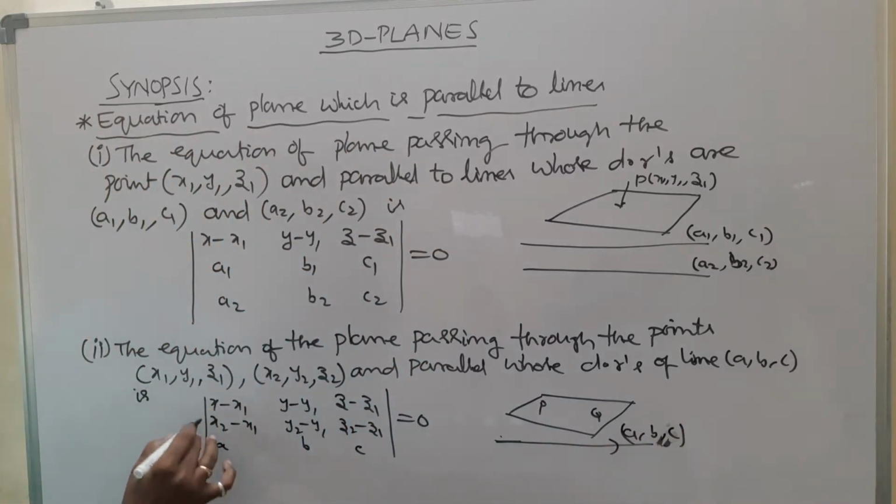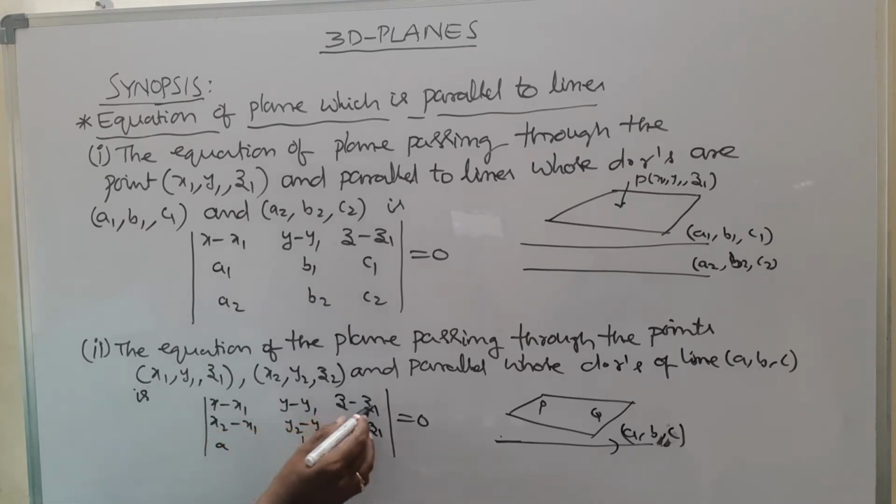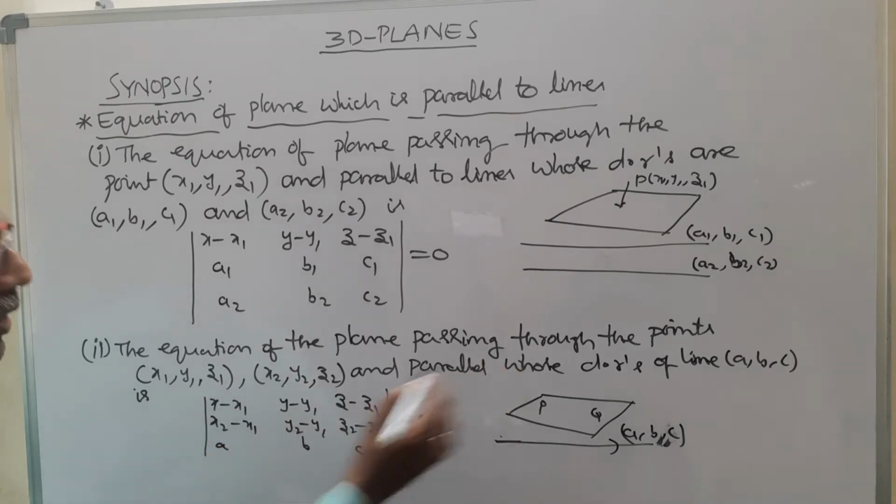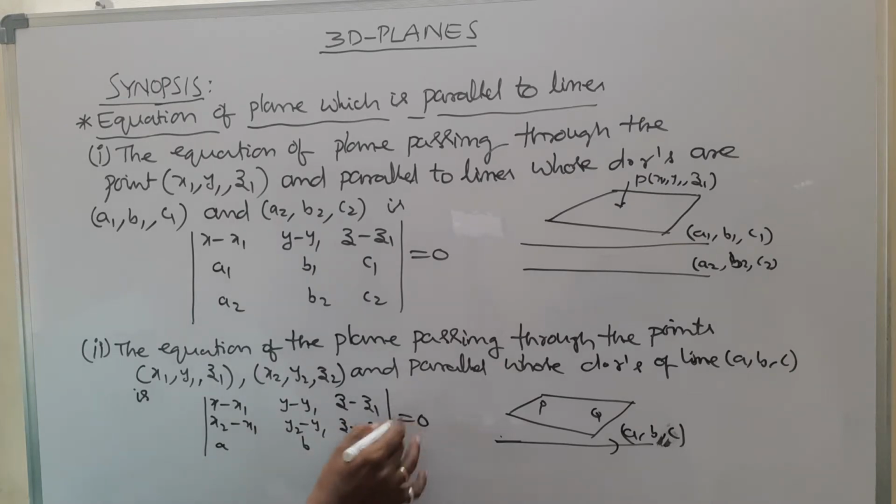Then the equation of the plane is the determinant of x minus x1, y minus y1, z minus z1; x2 minus x1, y2 minus y1, z2 minus z1; a, b, c equal to 0.